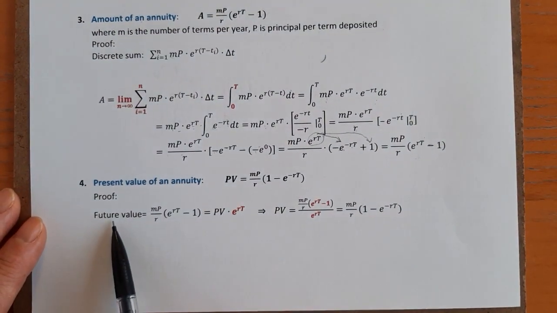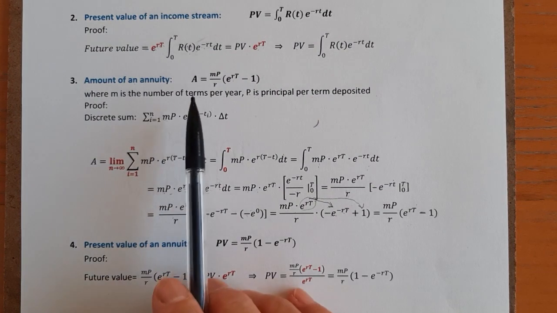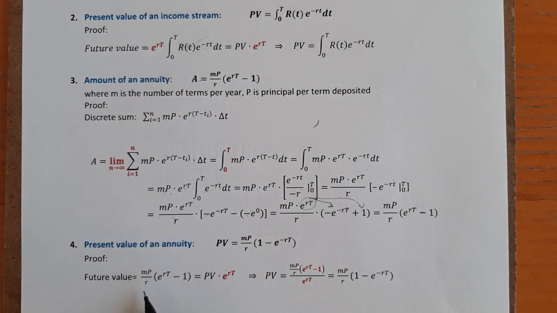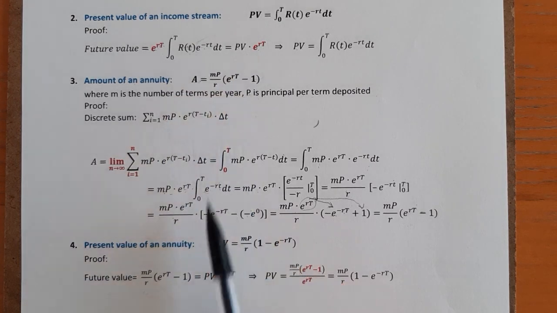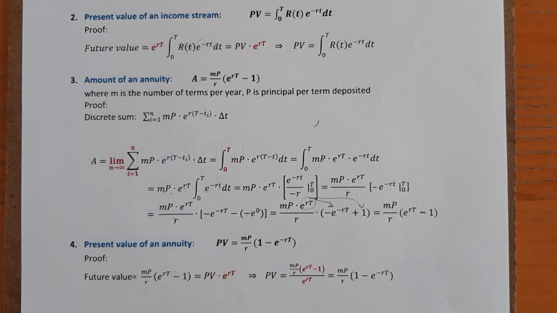So the future value here, mp over r times e to the power rT minus 1, equals the present value times e to the power rT, the principal times e to the power rT for capital T years.